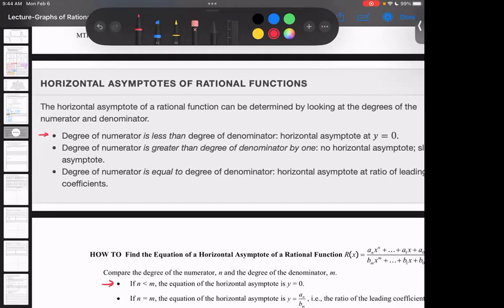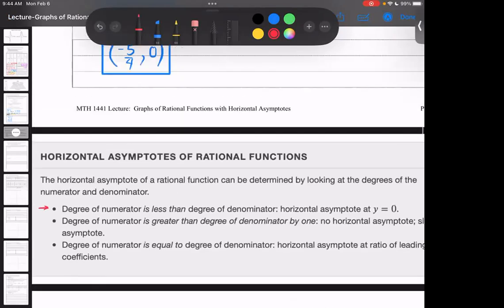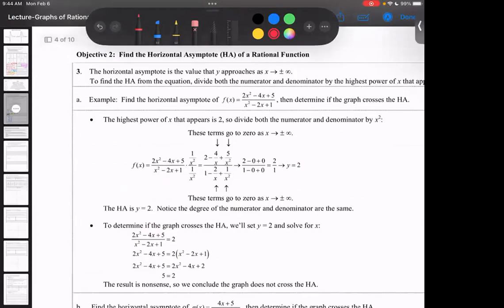When the degree of the numerator is equal to the degree of the denominator, like in example 3a, then your horizontal asymptote will be the ratio of the leading coefficients. When I say ratio, I mean divide, right?